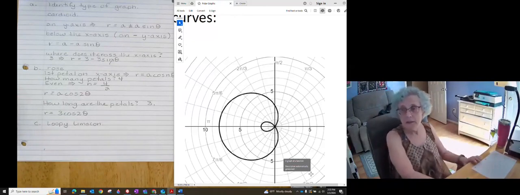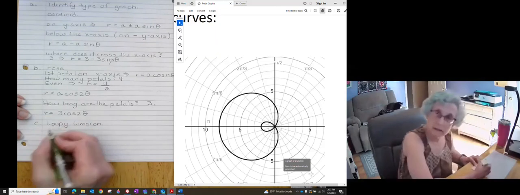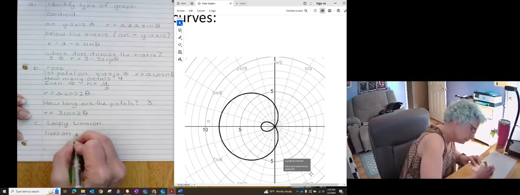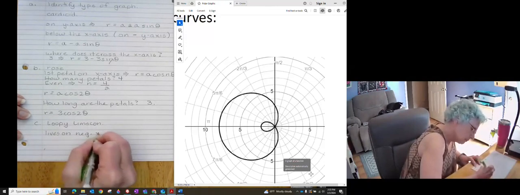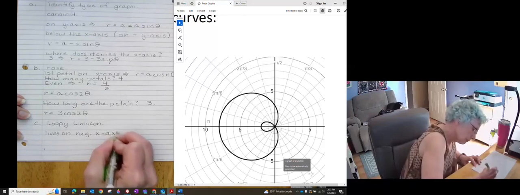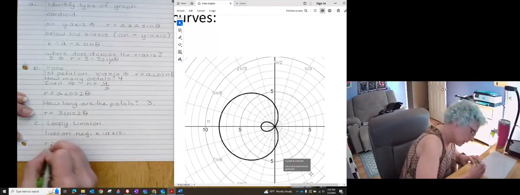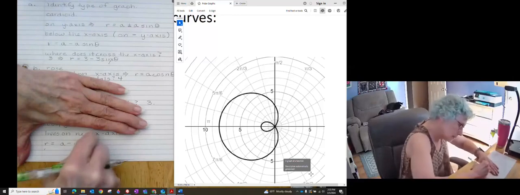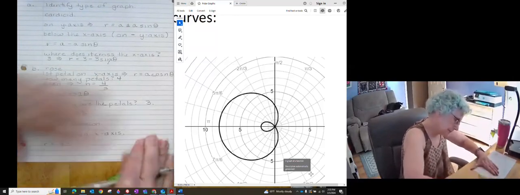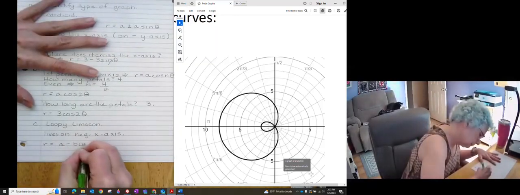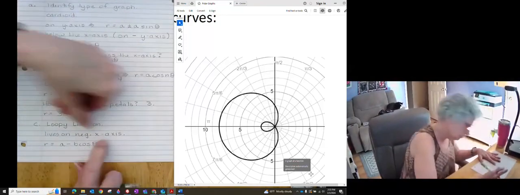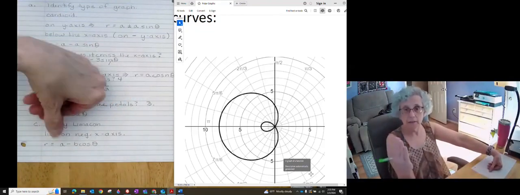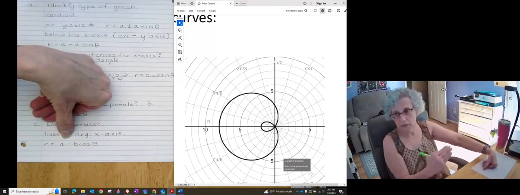It's living mostly on the negative x-axis. So I'm expecting r equals a minus b cosine theta. X-axis means cosine. Negative x-axis means minus cosine.